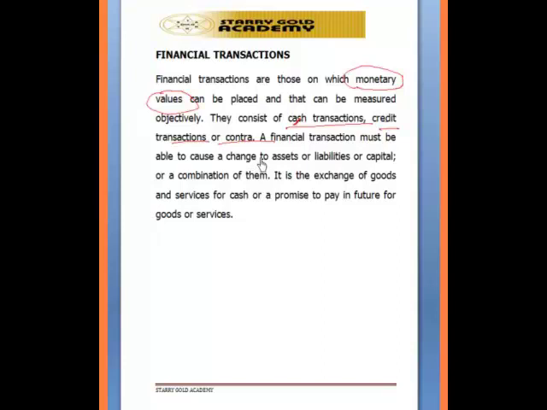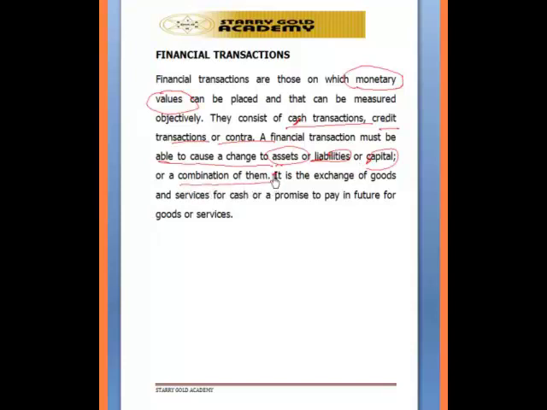These are more or less the characteristics of a financial transaction. They must be able to cause a change either on assets, liabilities, or capital of a business entity. It could also be a combination of them.